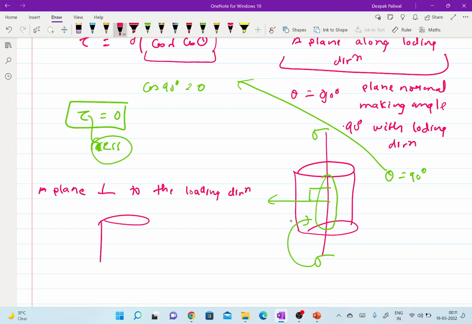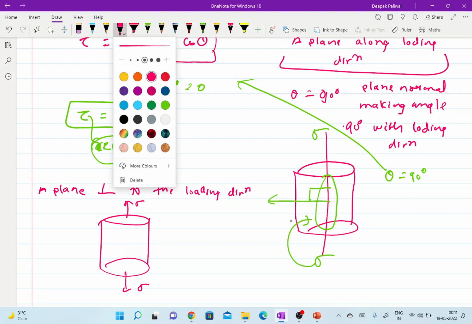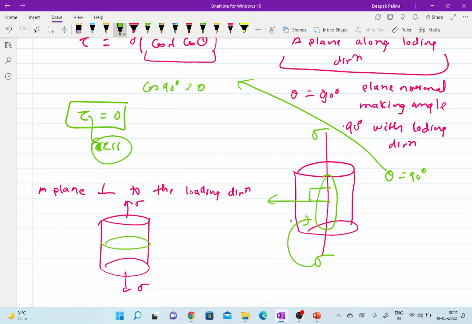So here we have our material in which we are applying sigma, and I am again drawing the plane with green color for better understanding. Okay, so this is the plane. Our normal and loading direction have an angle equal to 0 degrees.